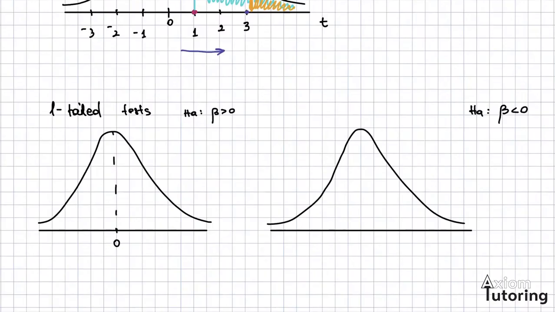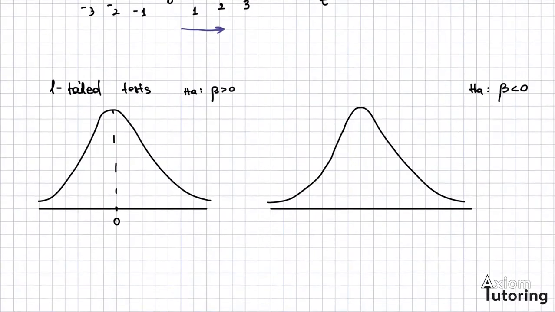For the case where the beta is bigger than 0 on a one-tail test, let's say that our t star is computed as 2.5. Let's make it a little bit more concrete: if this is 1, this is 2, and this is 3, let's say 2.5 is here. So this is where our t star is.